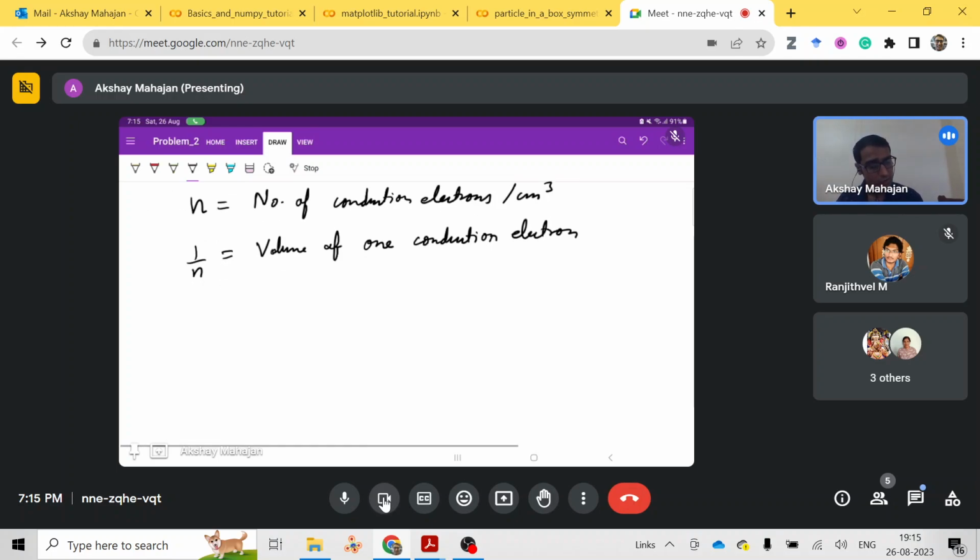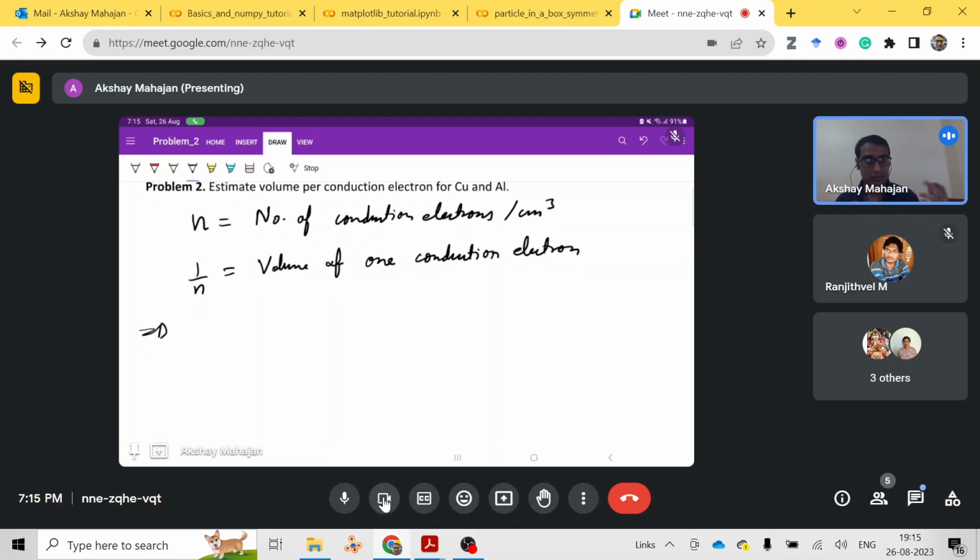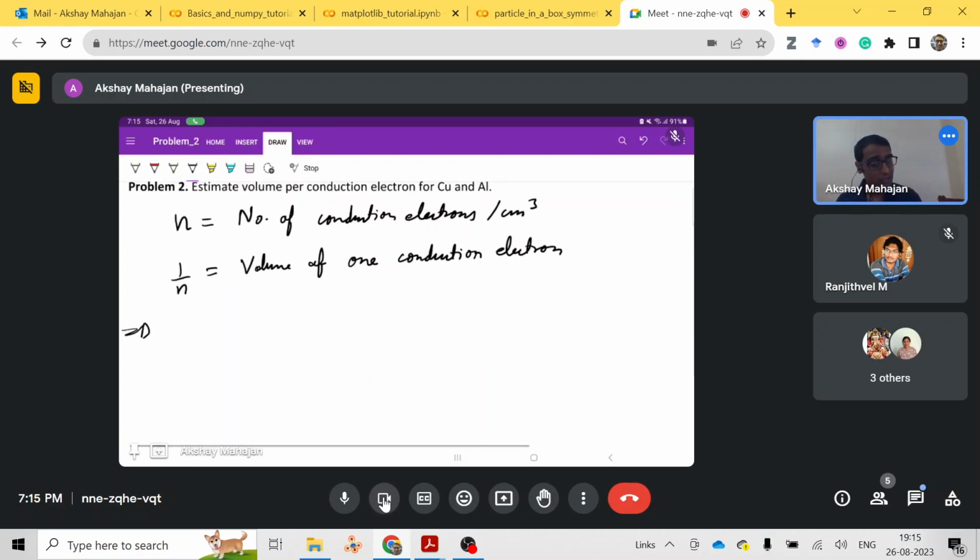Now there is something important: we would like to find the radius of the electron's volume. The electron is the same, but the volume occupied by electrons in different materials will be different. To really quantify it, we will find the radius of that volume. You can use this 1 by n as well, or we can go ahead and find the radius.